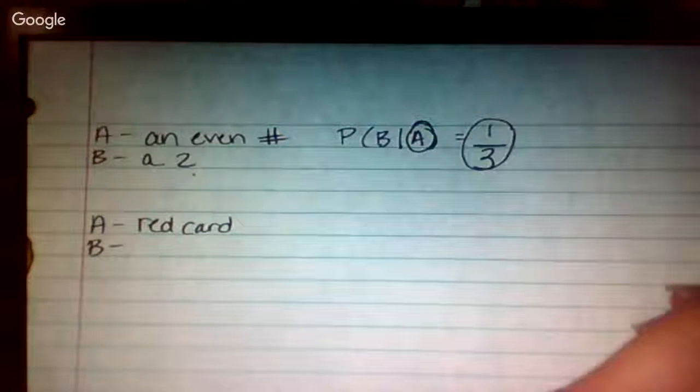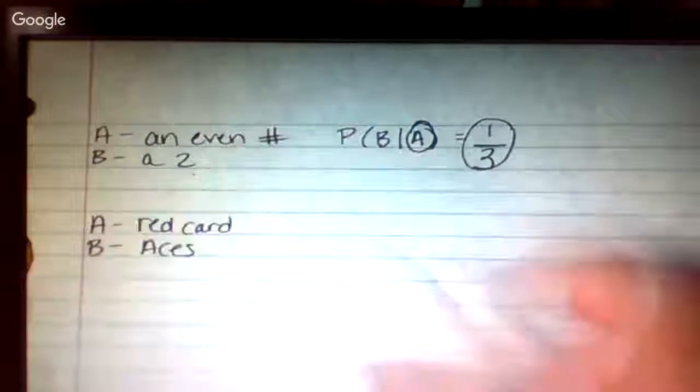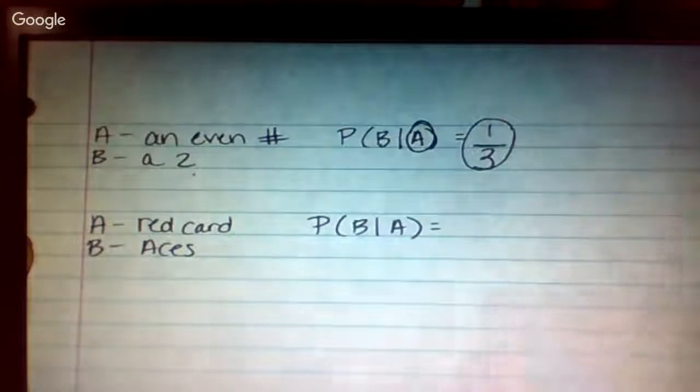Okay, let me give you another one. So A is a red card. B is aces. The probability of B, given that A has already happened.